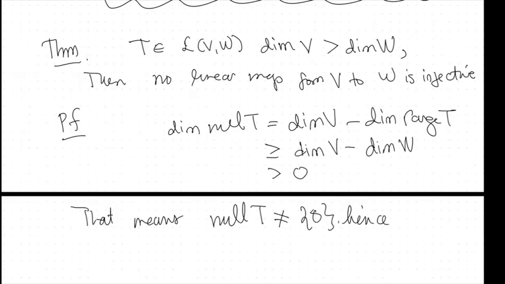hence not an injective map. That means we have the theorem that if the null space is non-trivial, then it's not injective. Since the dimension of the nullity is greater than 0, it's not injective. Let me check.